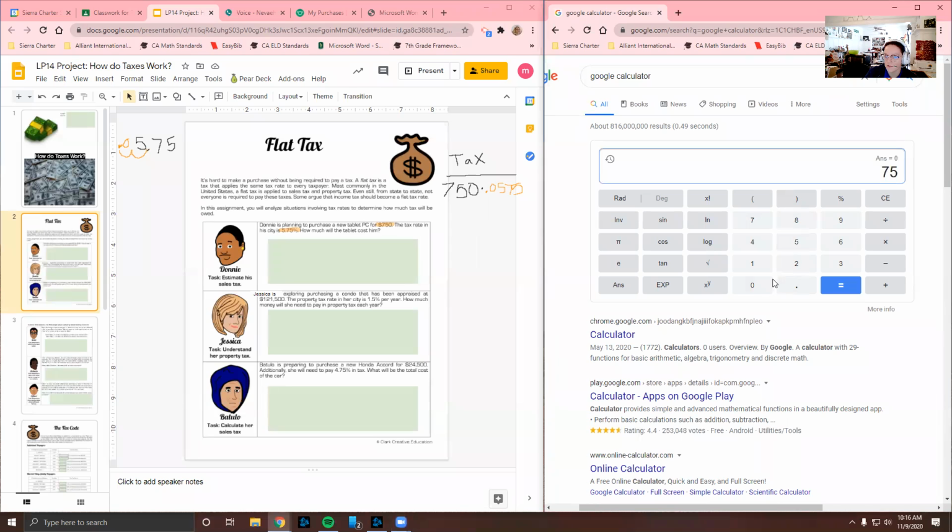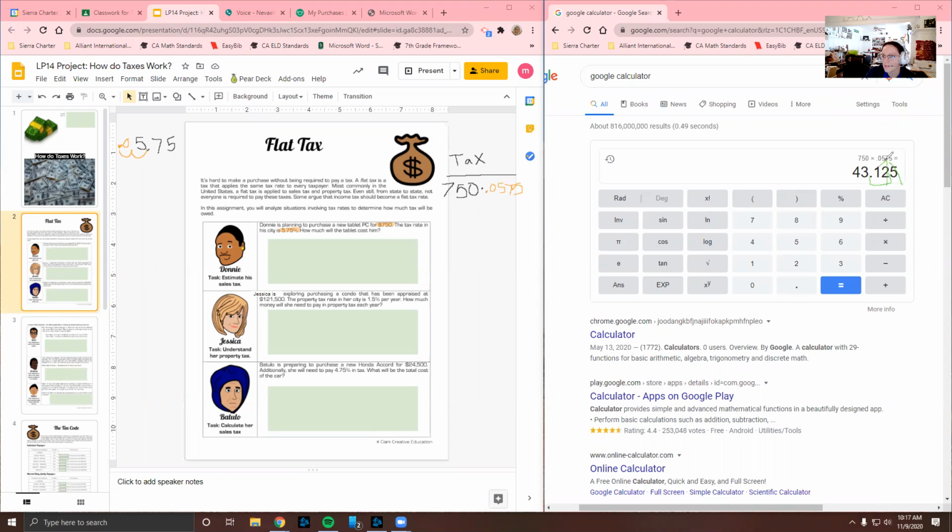Okay, so to find out how much tax you owe, you want to multiply those numbers together. So 750 times 0.0575. We find out that we would pay $43.125. Okay, now if we remember, money only has 2 decimal places. So this 5, we cut it off.